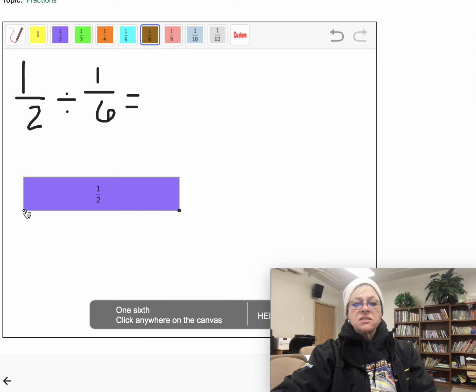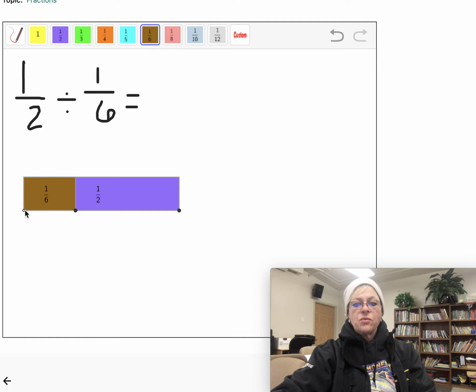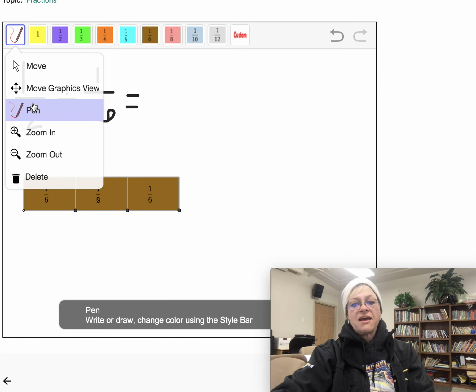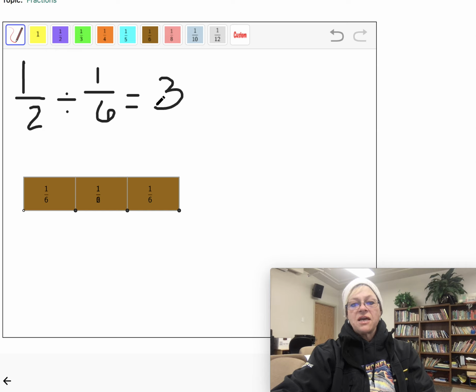There's my 1/6 tool, and let's count. 1. Oh, see, I can kind of make a prediction about how many are going to fit here. Let's keep counting. 2 and 3. So 1/6 fits into 1/2 exactly 3 times, meaning 1/2 divided by 1/6 equals 3.